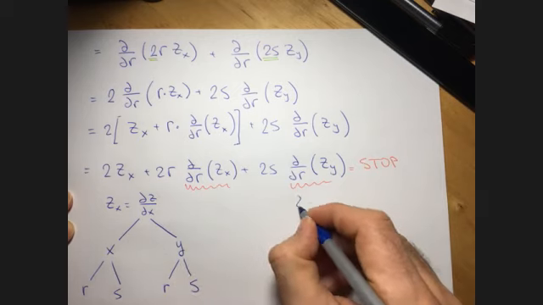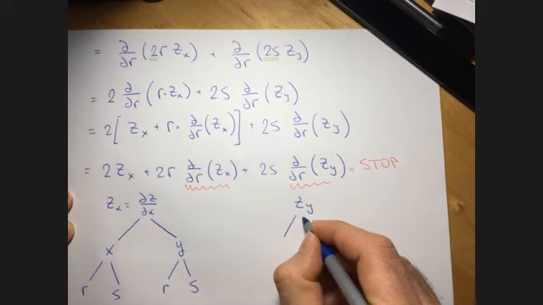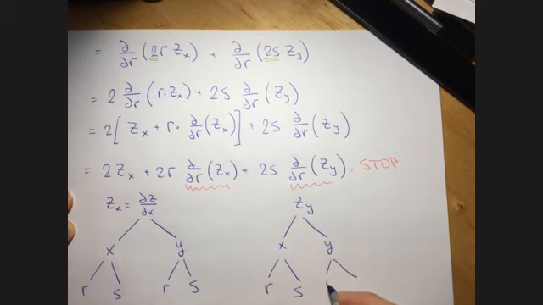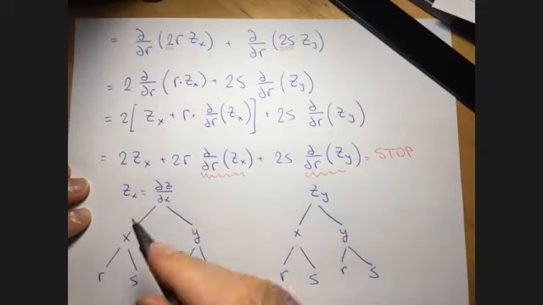And similarly, partial z partial y depends on x and y, and these two functions are defined in two variables, r and s.